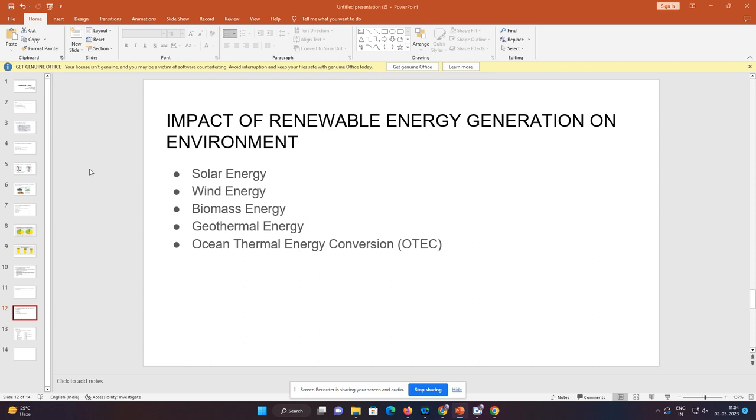Coming to geothermal energy, it is heat from the earth's interior obtained as trapped hot water or steam. These geothermal resources differ with location, but they pollute air and water.